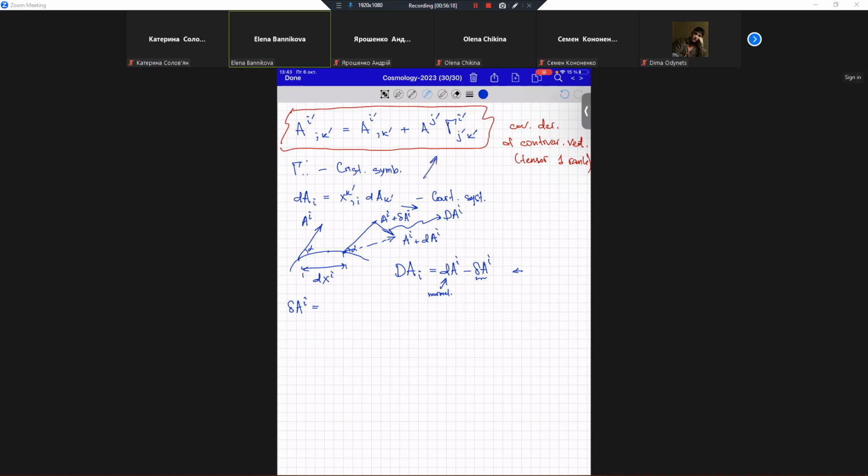We can write, I can change the index, but the idea is like this: minus gamma k, i k l, A, dx^l.